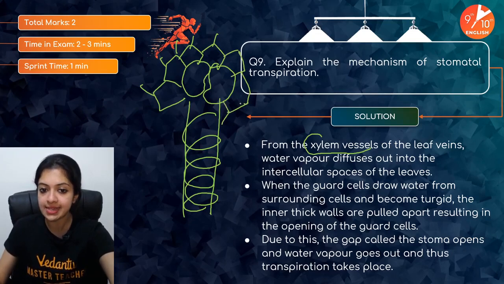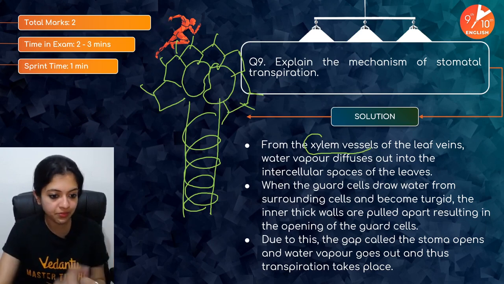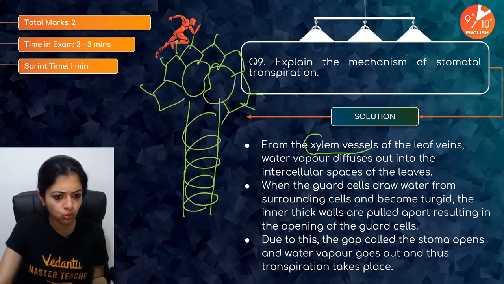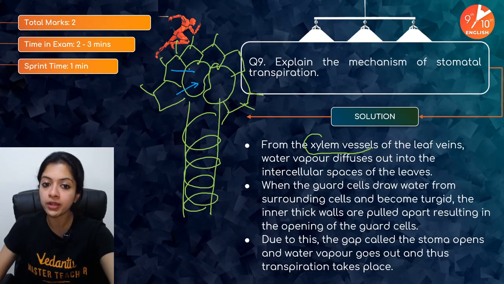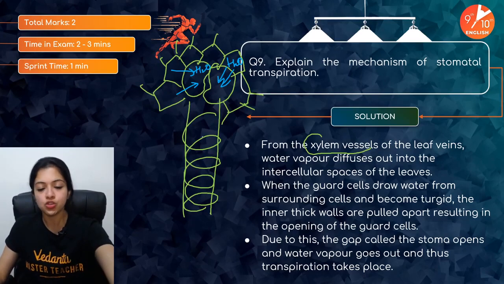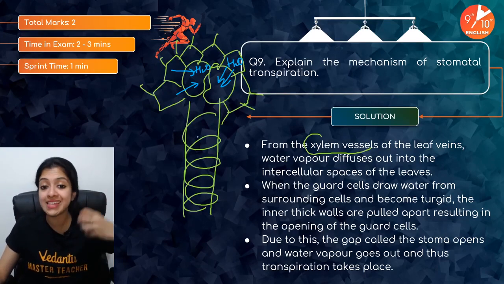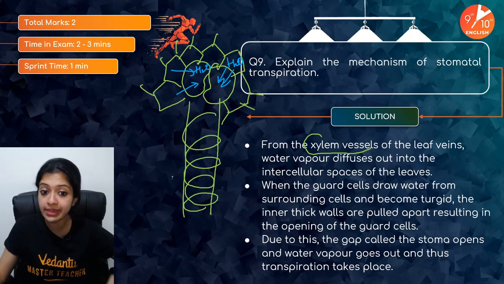What happens is, you need to explain here that guard cells, let me use a different color, probably blue now, draw in water from the neighboring cells. They keep drawing in water from the neighboring cells, right? Because xylem is helping in transport of this water upward, unidirectionally upward.